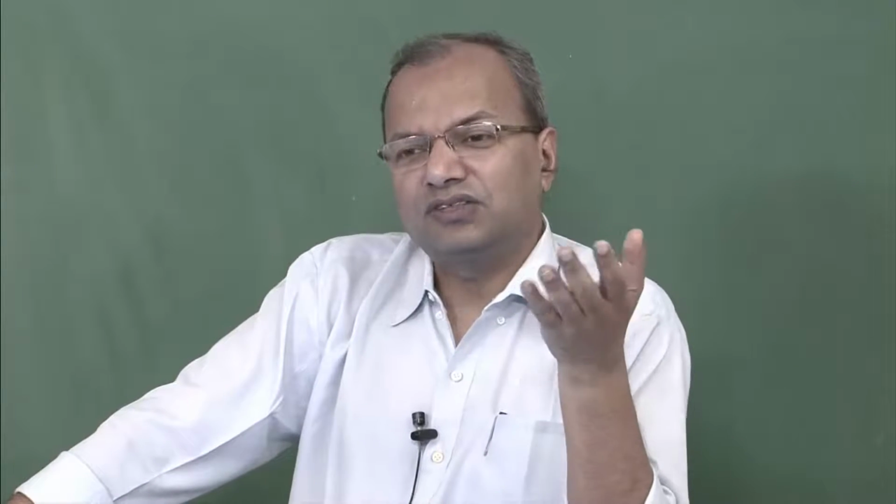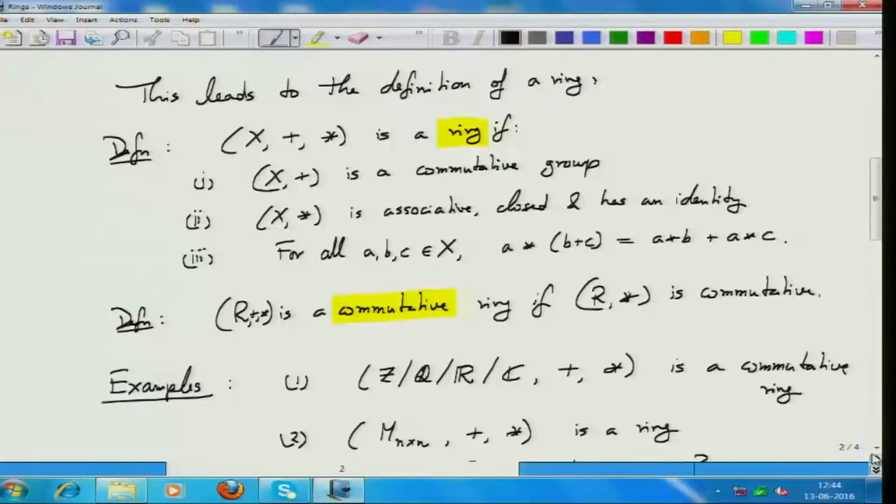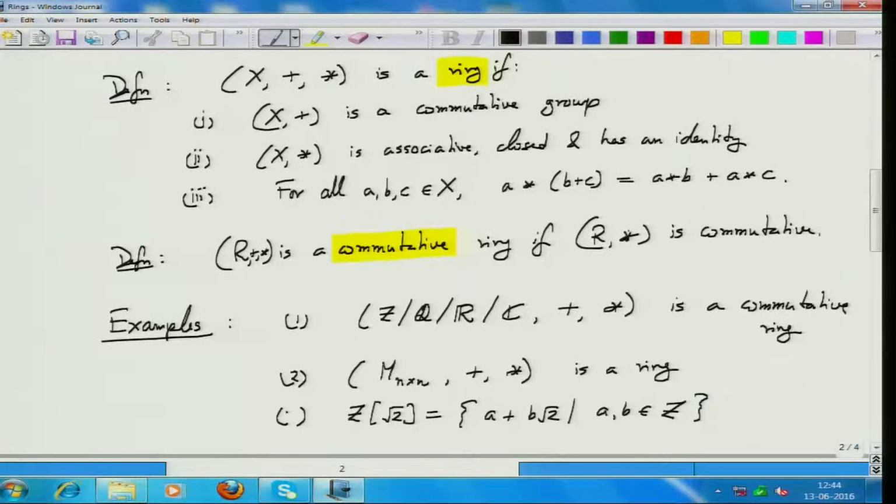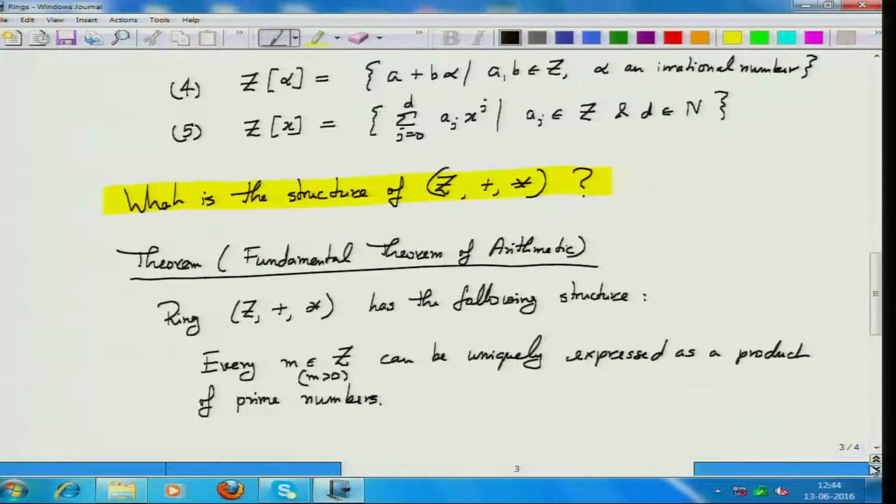Now, with this setup, let's go back to the examples we had listed. What were the examples? 1 is already ruled out. 2 is not, because 2 is not commutative. What about 3? Well, 3 is a subset of 4. So 4 and 5. These are the two rings.